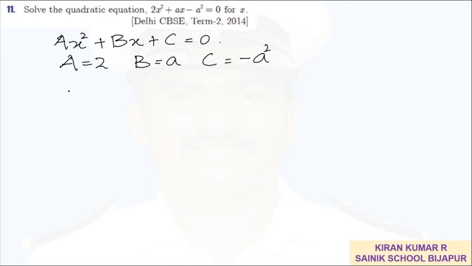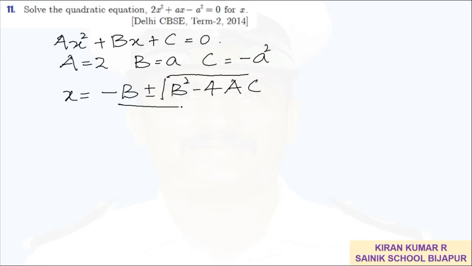Let me use the quadratic formula. X will be minus b plus or minus root of b square minus 4ac divided by 2a. If we use this formula, let's substitute.